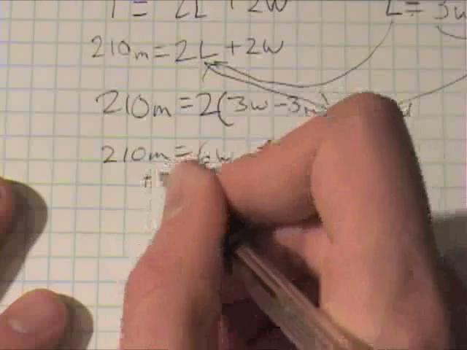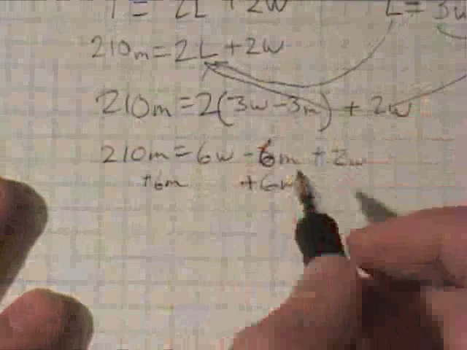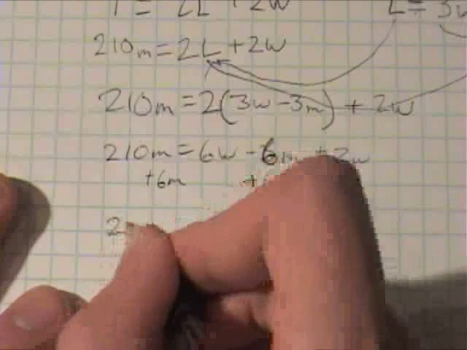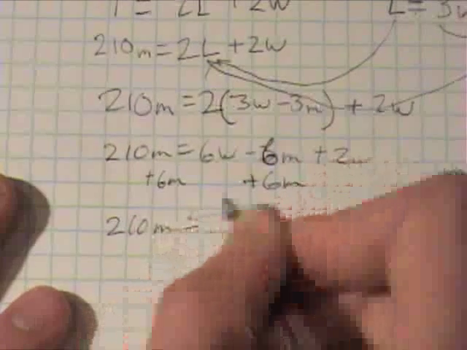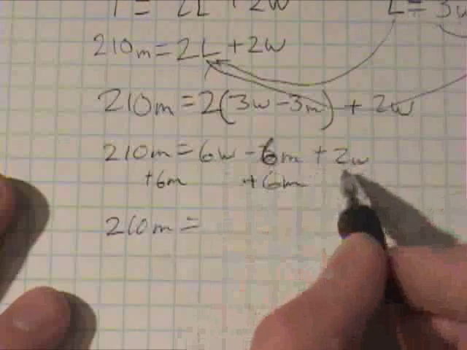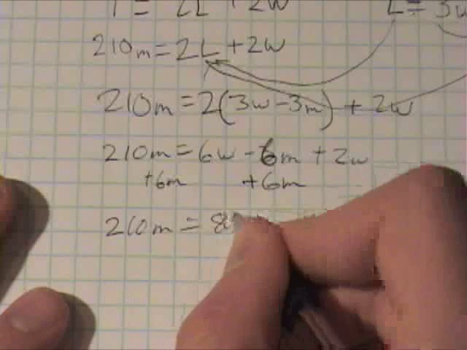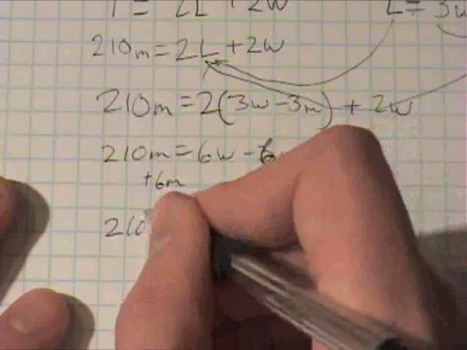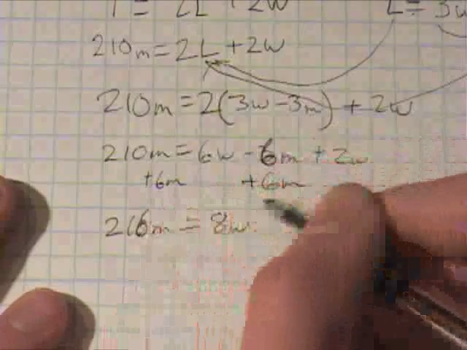Okay, we can add these like terms right here, and let's first add 6 meters to both sides. That way we can get rid of this 6 right here, and at the same time, we will combine these 2 like terms. So it makes it 8W equals 216.